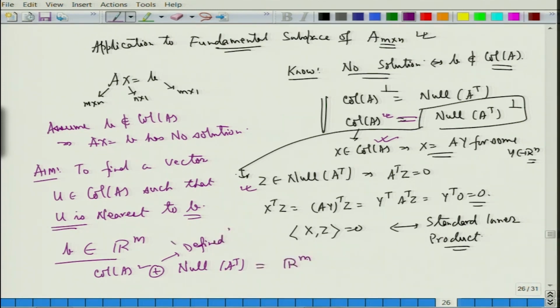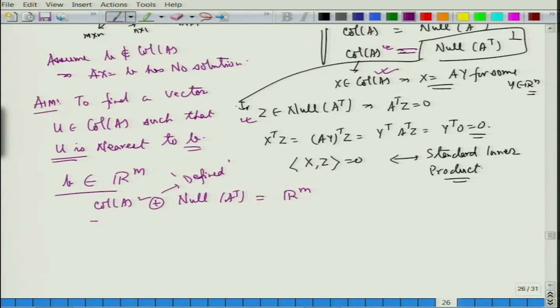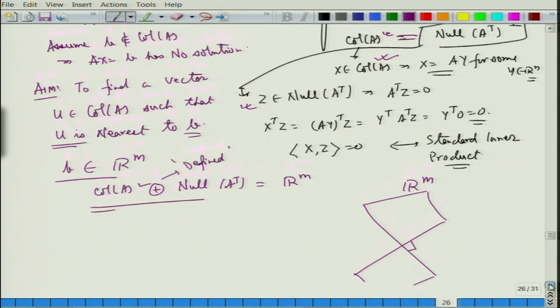If you remember your fundamental spaces, I had done that part; I didn't write this direct sum notion here, but what I had done was that I wrote Rm as this.